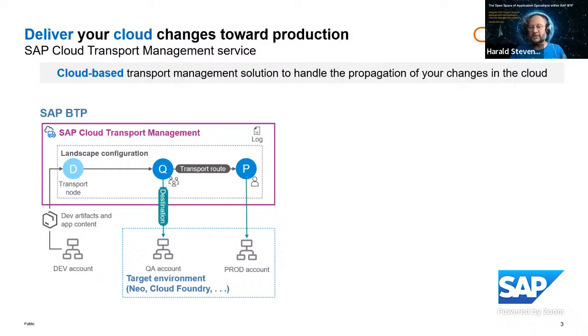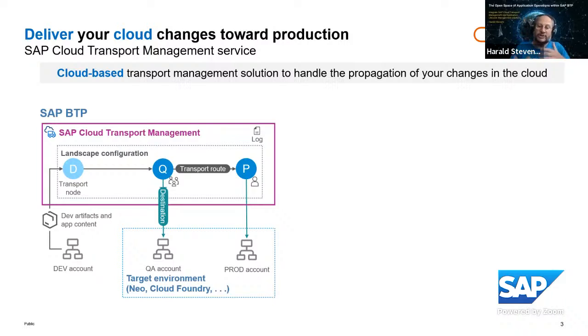And then we need some kind of build tool to build the application. Normally, we would recommend to use a CI/CD service or CI/CD pipeline for that. And this pipeline hands over the content to transport management. So this would be the typical development use case.